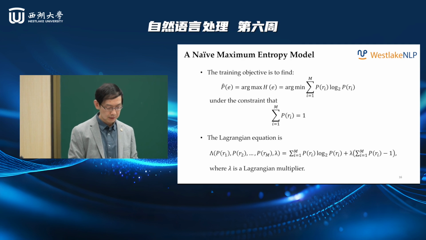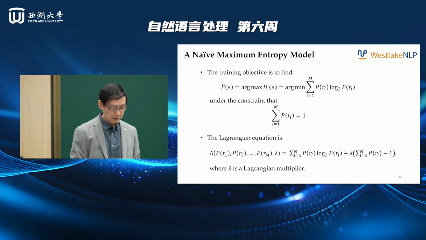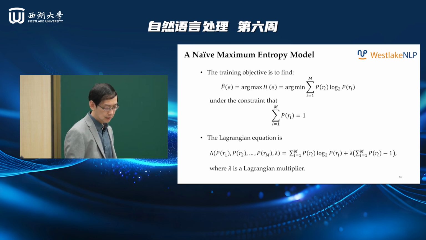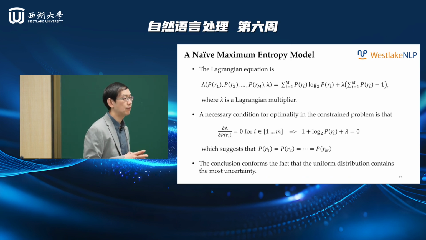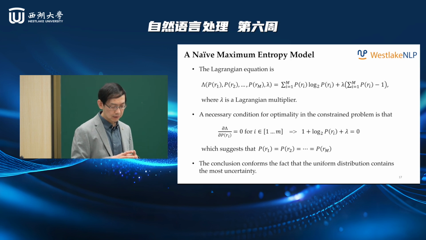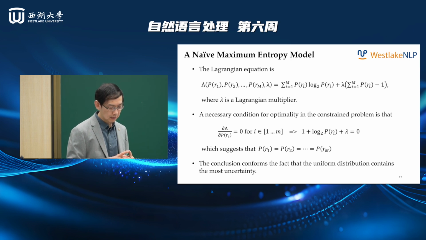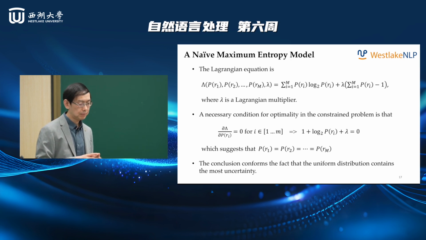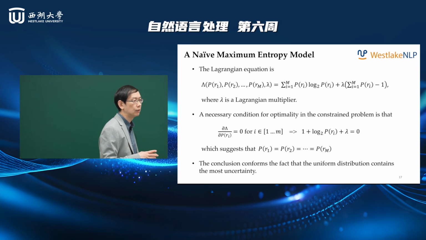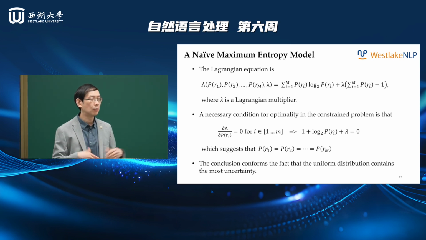So how do you minimize it? You need to take the derivative with respect to every model parameter PR. When you do that, you realize you need to set the partial derivative to 0 for every PR, which means that every probability is equal, and they are all equal to 1 over the number of outcomes.